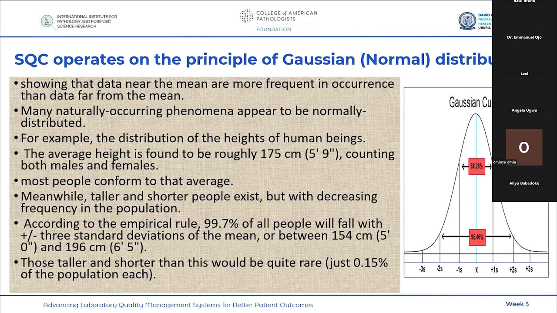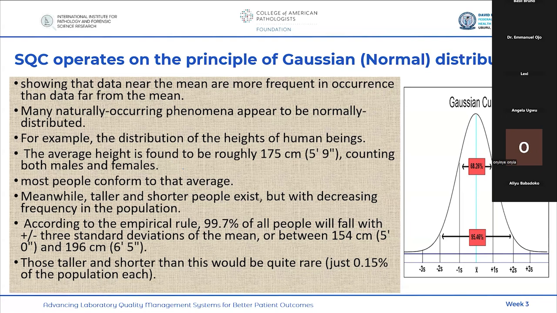So I feel it's important, since we're talking about quantitative QC, we're talking about establishment of control charts, that we should also talk a bit about the principle on which statistical quality control operates.